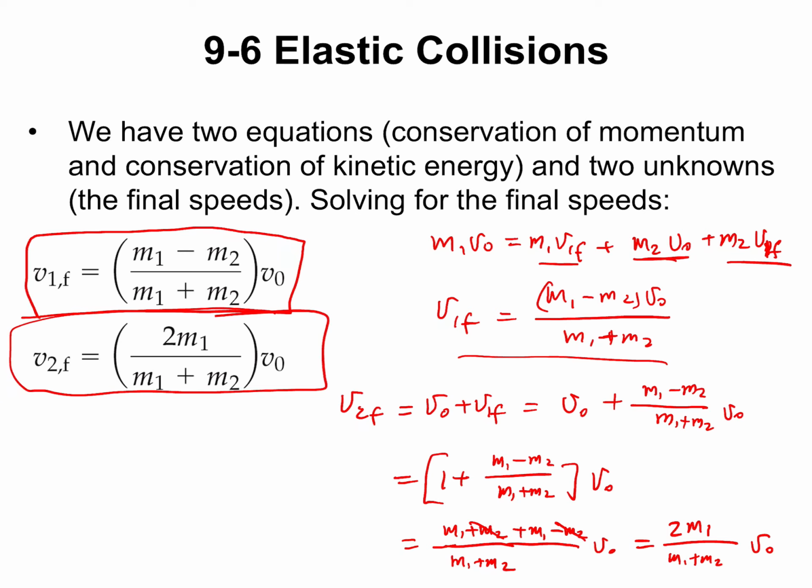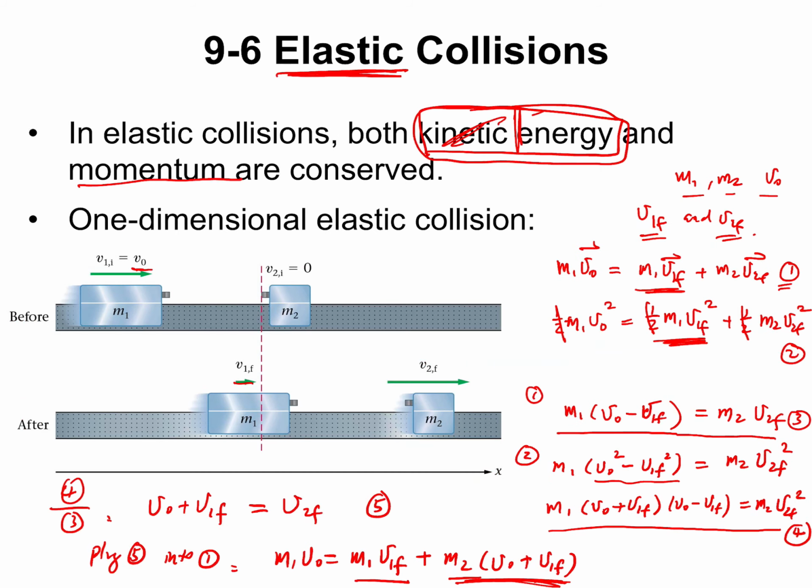All right, so does this make sense to you? If m1 is much bigger than m2, consider m1 is heavier, say metal, and m2 is plastic, so the masses are totally different.